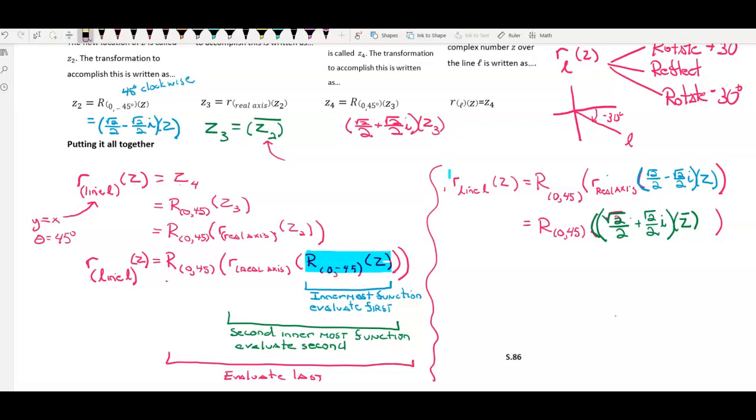All I did there was, inside the parentheses, take the conjugate of each one of those terms.